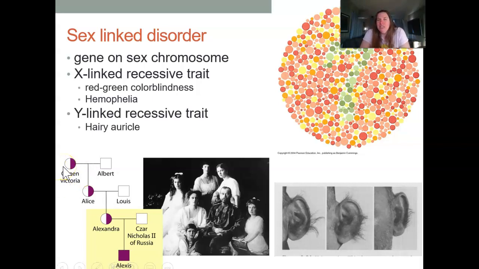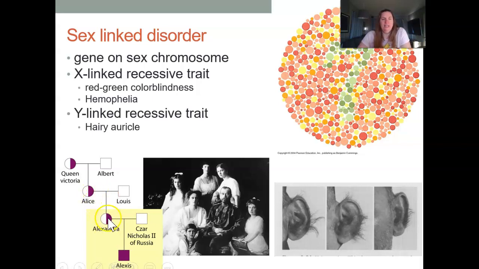Queen Victoria was a carrier for hairy ears. She passed that gene along to her daughter Alice, but because Alice had a normal X chromosome from her father, she was just a carrier. She did not have the phenotype of hairy ears.